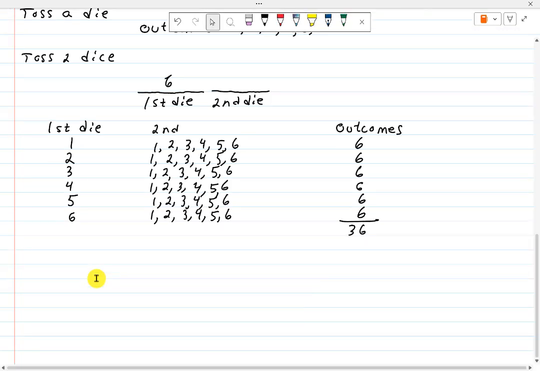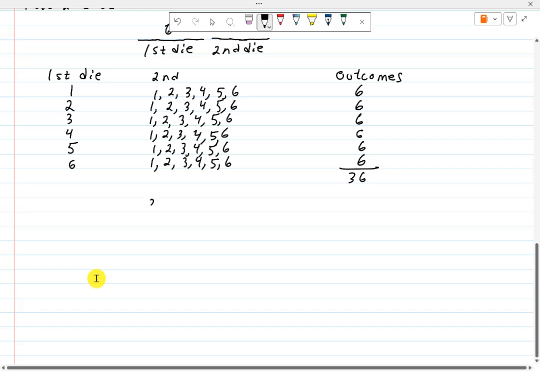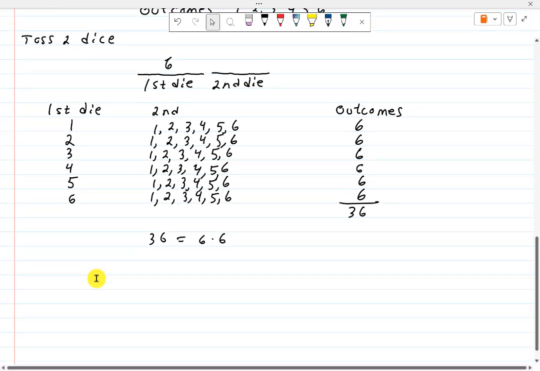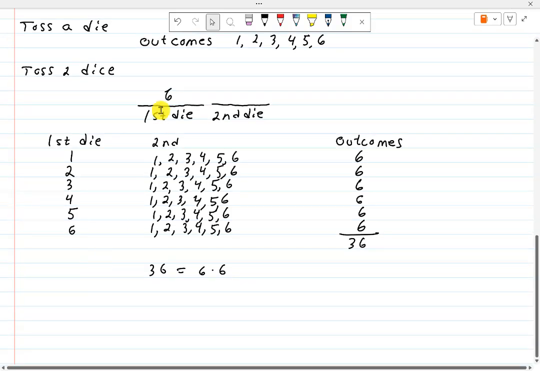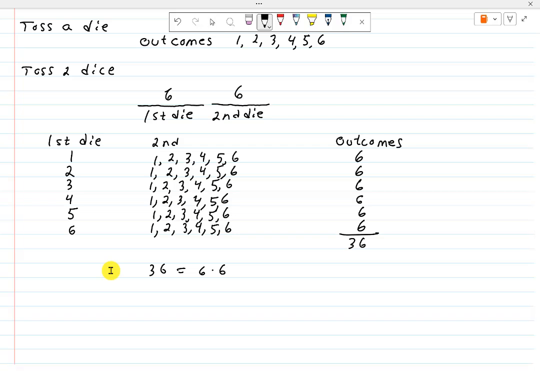But better than that is the following. 36 equals 6 times 6. So up here, when I was filling out these blank spots, the first die had any of 6 possibilities available to it, and so did the second die. And what you do with these numbers is you multiply them. So there's a total of 36 outcomes.